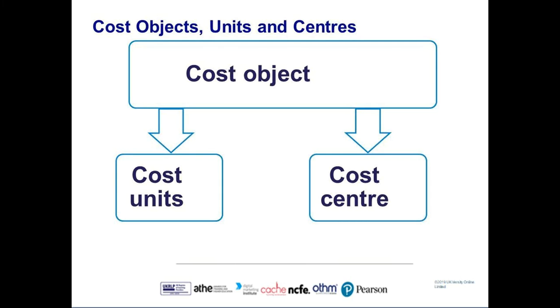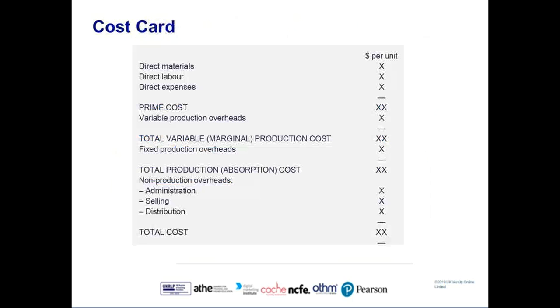Okay, next we're looking at the cost object, cost unit, and the cost center. The cost card is very important to learn about what makes up the cost. If you're calculating the total variable cost for marginal costing purposes: direct material, the material you use in the production; direct labor, the labor involved in the actual production of the unit; direct expense, the expense related to the product directly.